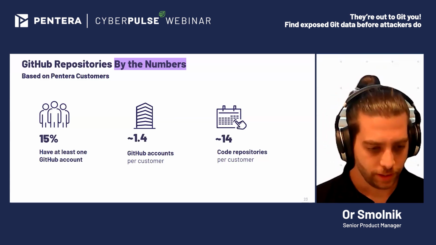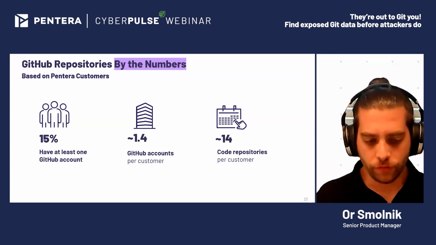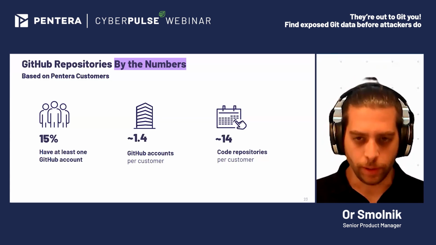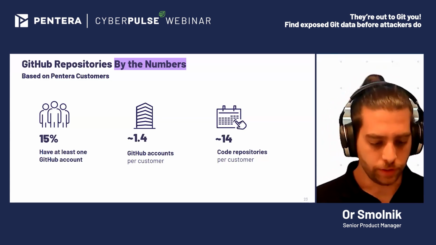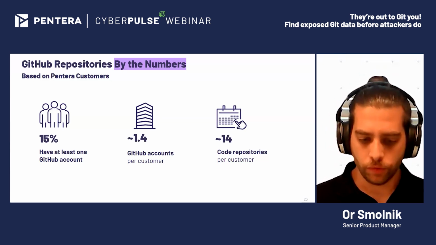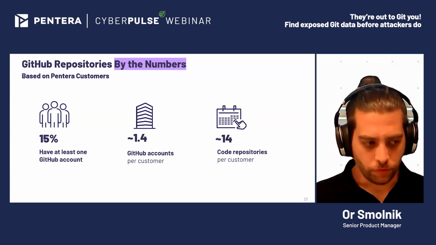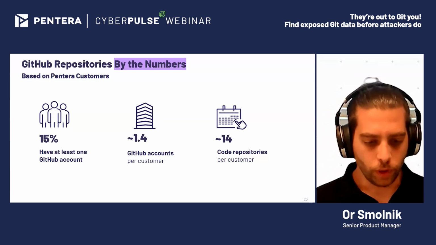We see here that, based on our customers, 15% of them have at least one GitHub account. But again, it's at least one. For each customer that owns GitHub accounts, we have 1.4 GitHub accounts per customer. So customers or organizations are discovered with more than one Git account.